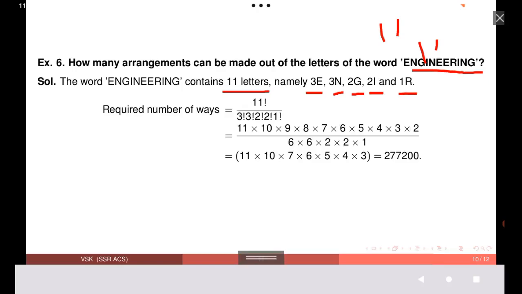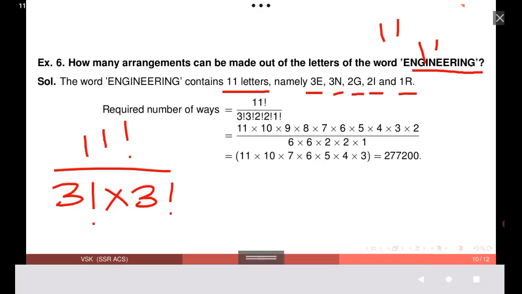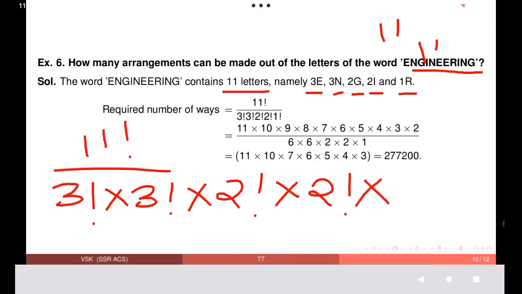So what we'll do? Factorial 11 divided by factorial 3 for this E, factorial 3 for N, factorial 2 for G, factorial 2 for I, and R is repeated 1 time. Here we need not write factorial 1 because its answer will be 1.